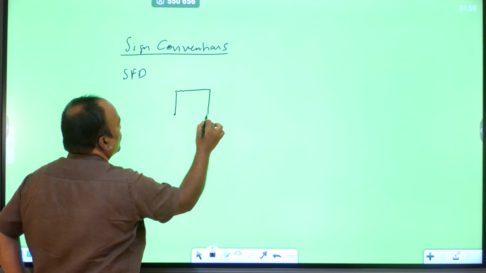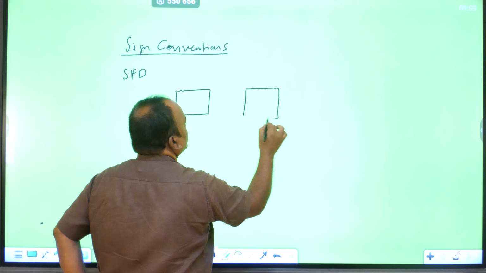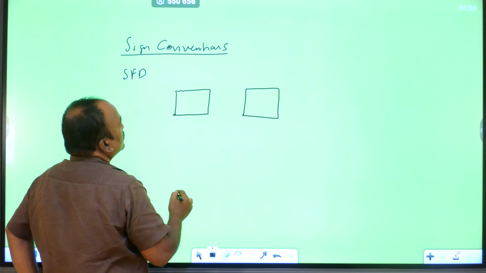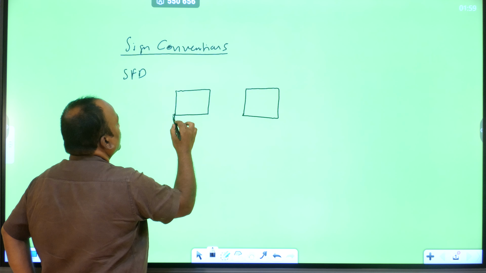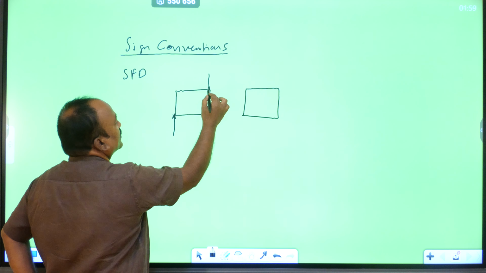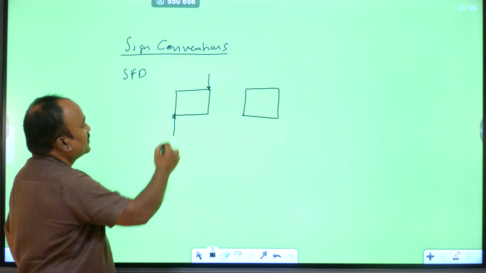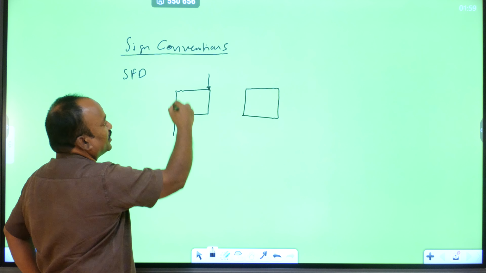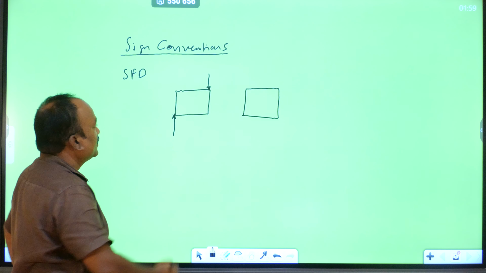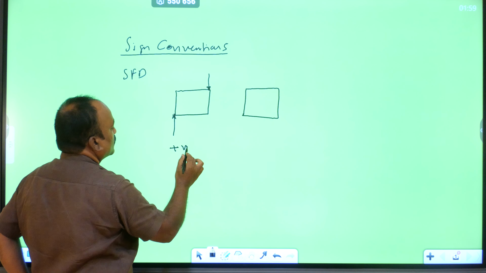Suppose we take some small block from the beam. Suppose a load is acting here and another here. So what about this? This is clockwise. The load is upward, the load is downward. That means totally clockwise. Clockwise means the shear force is positive.